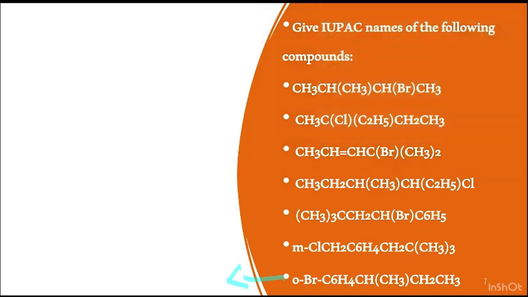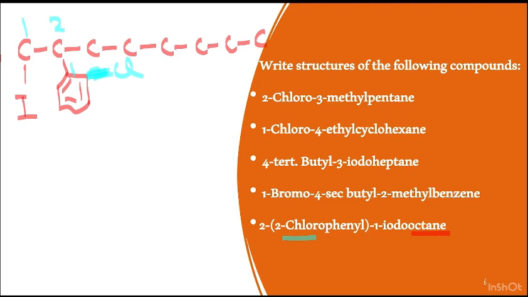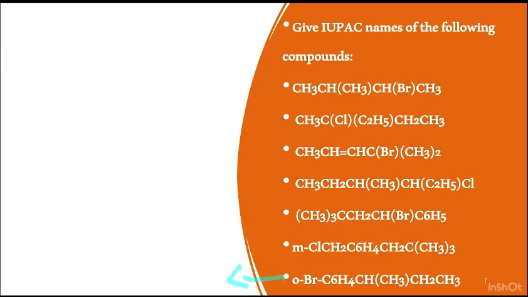Last one. This is O bromo. That means ortho position has bromo. Whenever you have meta, ortho, para in the name, it is very clear that there has to be benzene, right? So yeah, I'll take you back. So you have C6H4.